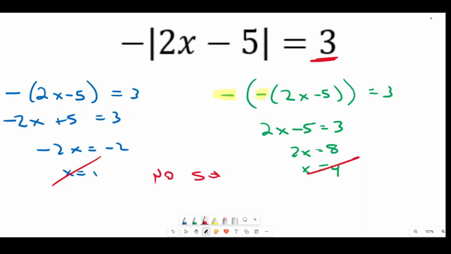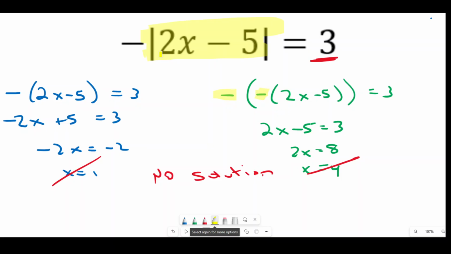No solution. And you may have noticed that from the very beginning, because what I have is an absolute value right here, which is always going to give me a positive result. It might give me 0, but unless I had 0 on the other side, we don't need to worry about that because we're interested in a number, not 0.